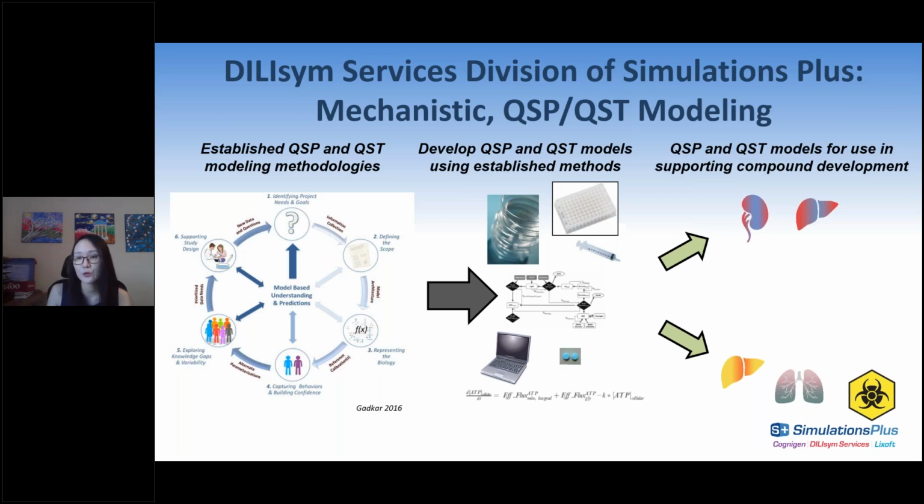We have two QST toxicology platforms to predict drug-induced liver injury and kidney injury, and two QSP platforms to predict drug efficacy in non-alcoholic fatty liver disease and idiopathic pulmonary fibrosis, and QSP modeling of radiation-mediated injuries is in development.